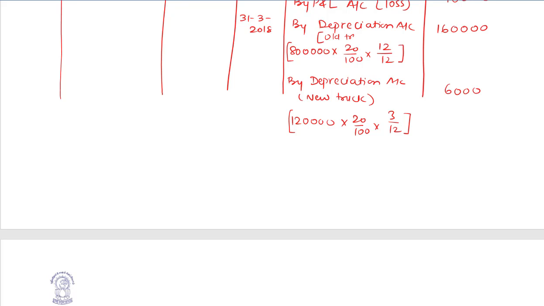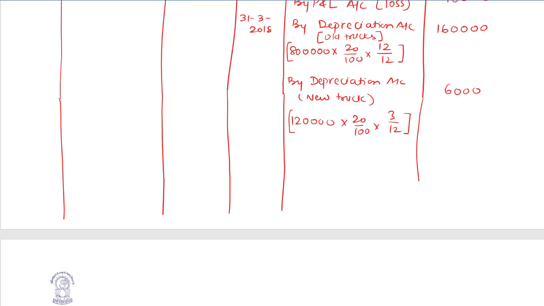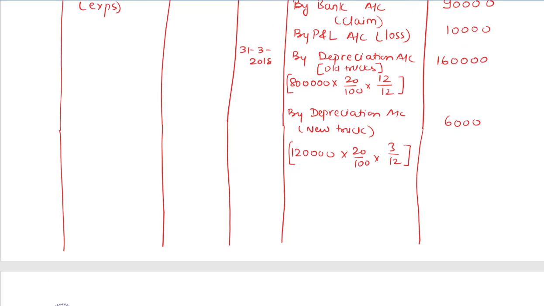So over here this is old trucks, and over here this is new truck. Just stretch these lines a bit so we'll be able to account properly. I believe you must have understood that there are 2 depreciations.